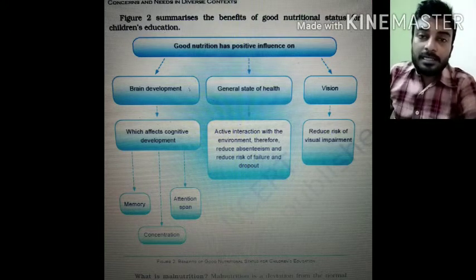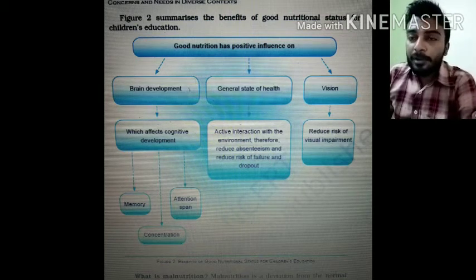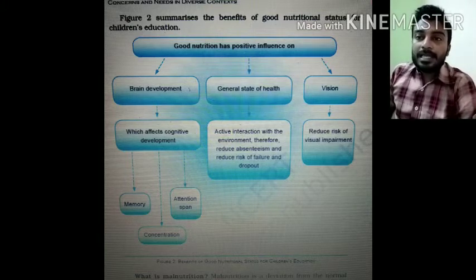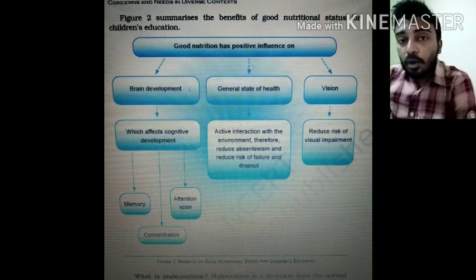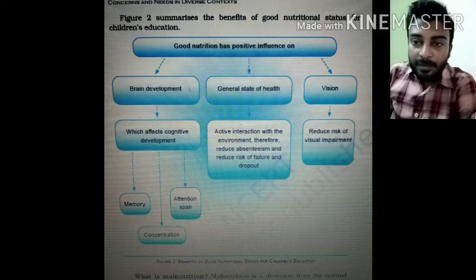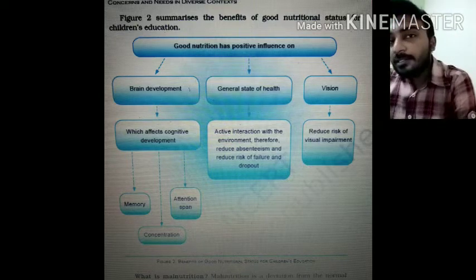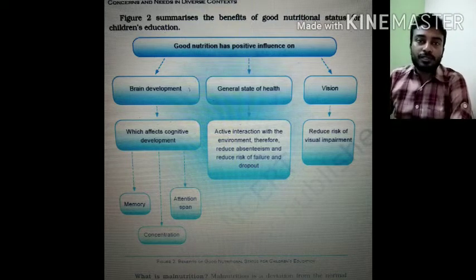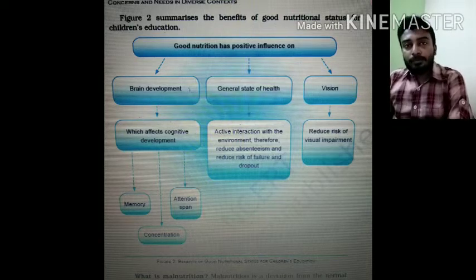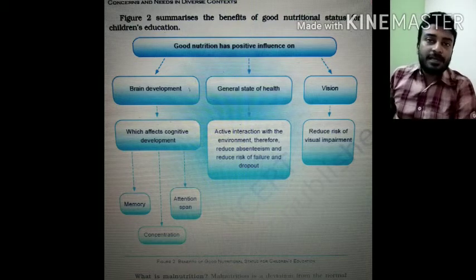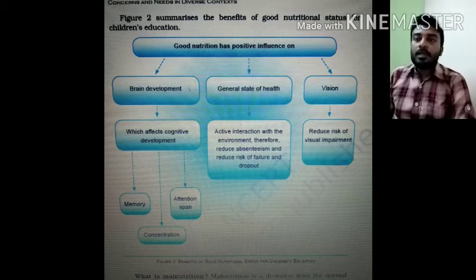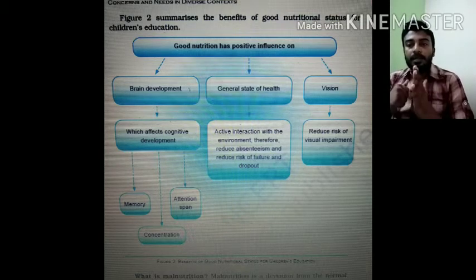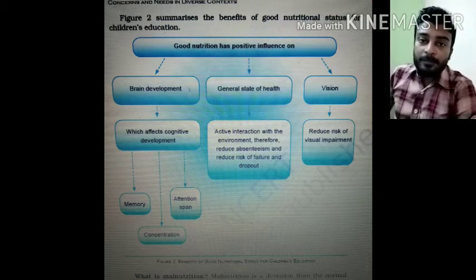And you can see the secondary points of these primary points. Because of brain development, it affects cognitive development. What are the cognitive developments? Those are memory, concentration and attention span. These three things together can be said to be your concentration power. So if good nutrition positively influences your brain development, then memory, concentration and attention power will grow.